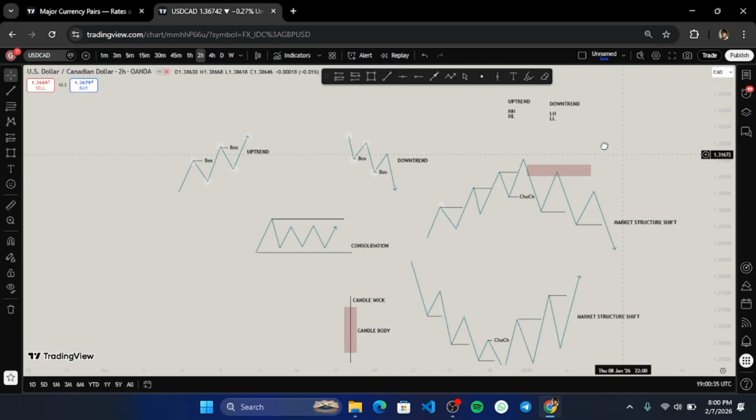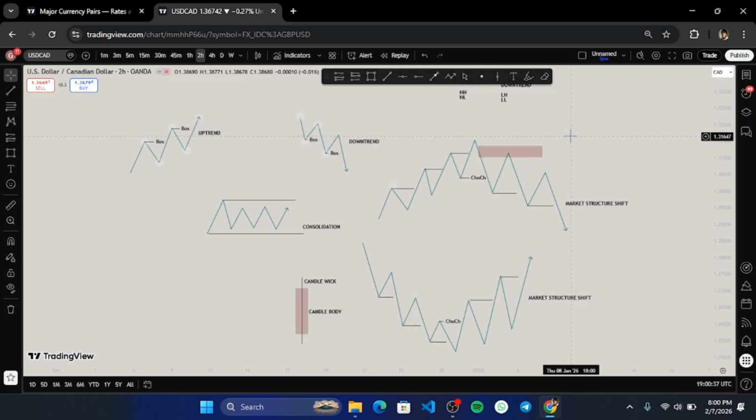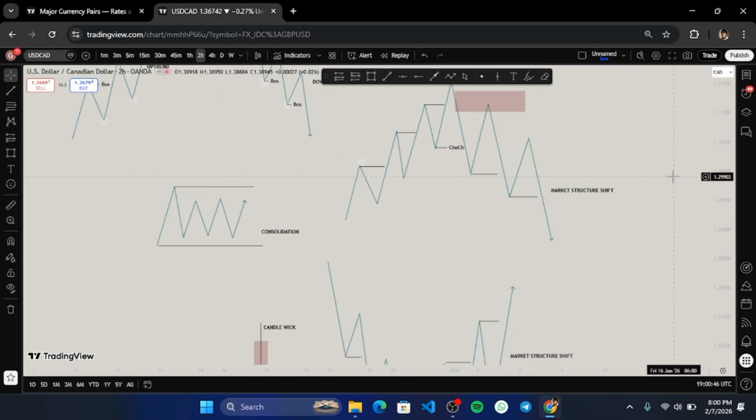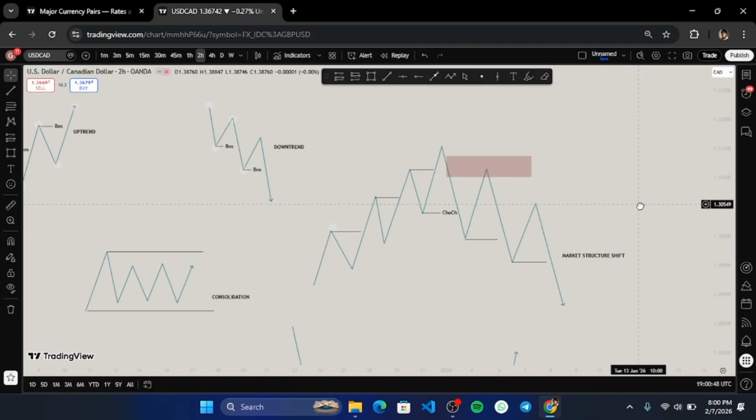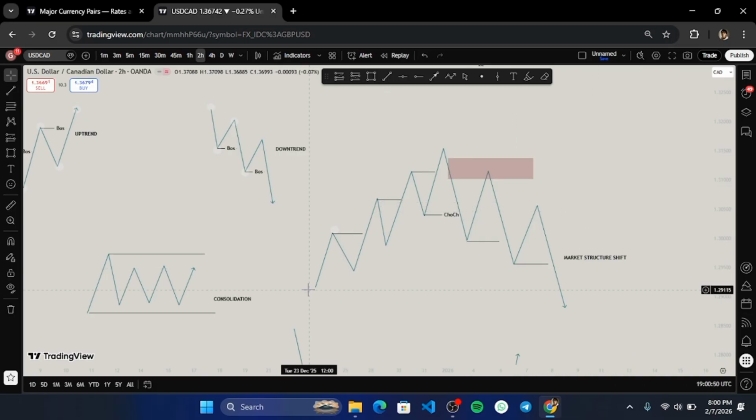With that being said, how do you know that this market is switching from an uptrend to a downtrend? All right. So what we do here is we use a simple strategy called the change of character. As I said before, this is a break of structure, and what we can see here significantly is that this whole part is still an uptrend. Now we see that something unusual happened.